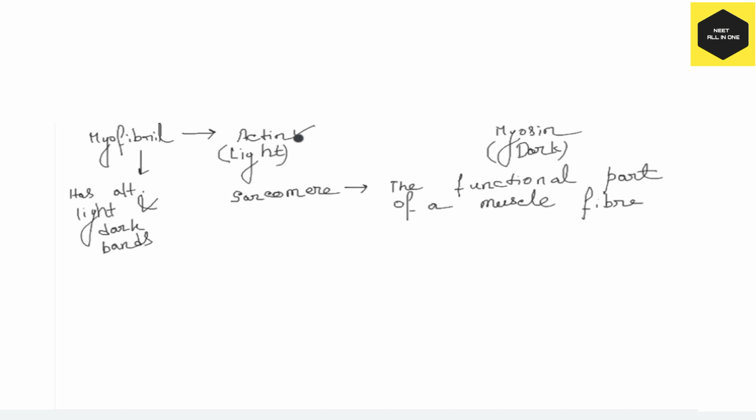Now let me draw the sarcomere. Now this, student, what I am drawing, this is the Z line. The distance from one Z line to another, this is also another Z line, is known as sarcomere.